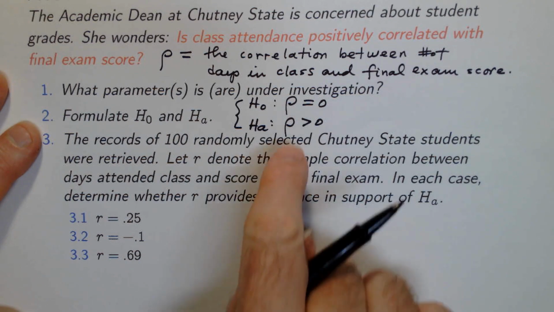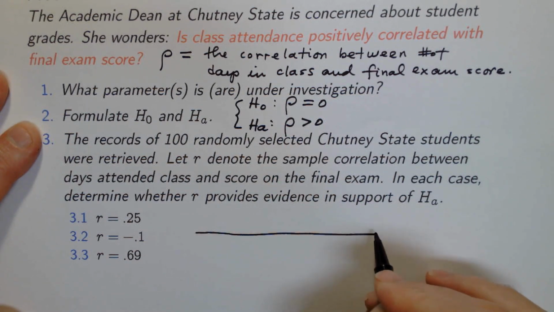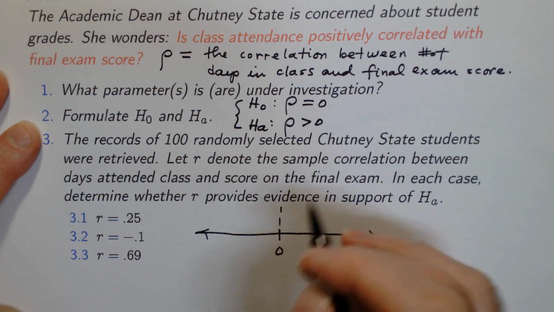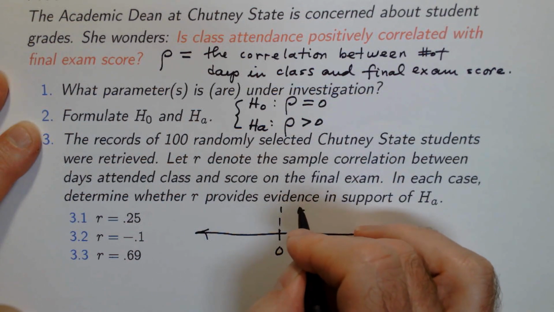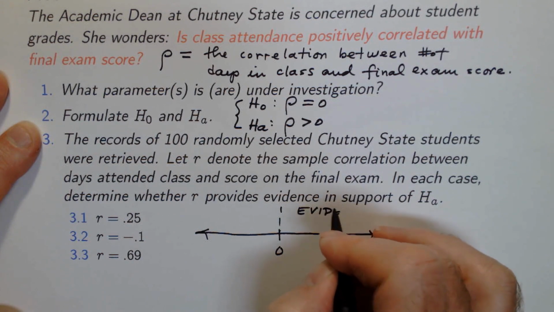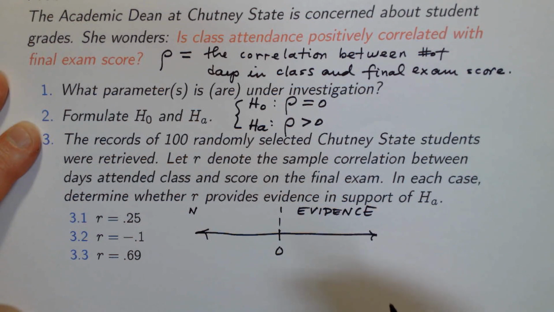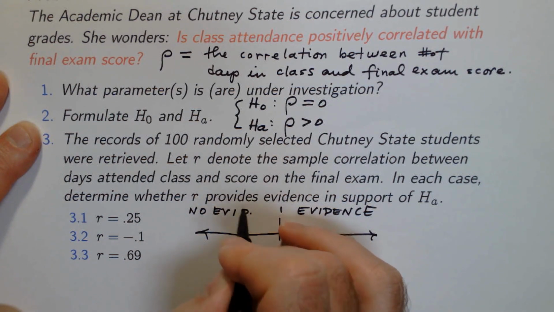So once again, we just have to look at the situation and realize that the 0 is going to be our dividing line, and that on the positive side of 0, we'll find evidence in support of the alternative hypothesis, and on the side of 0 to the left, we'll find no evidence in support of HA.